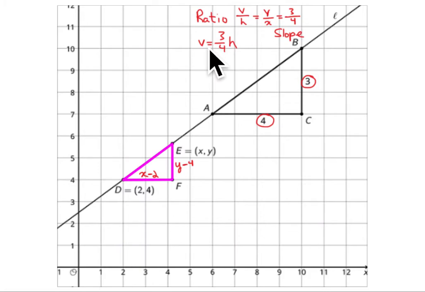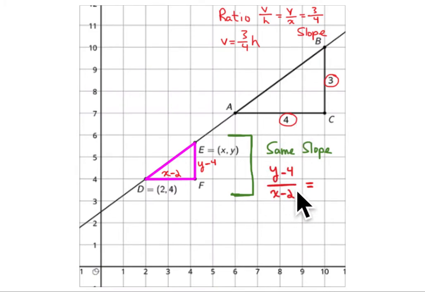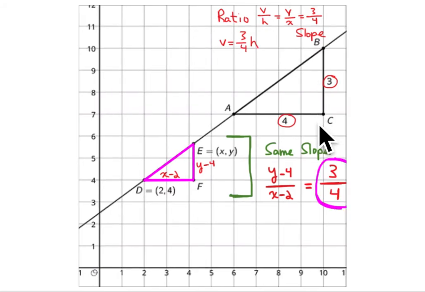So the vertical length is 3/4 the horizontal length. This vertical length is 3 units. That is 3/4 this horizontal length, which is 4 units. So that relationship, y minus 4 to x minus 2, is the same as this relationship, 3 to 4, or 3/4, the vertical length is 3/4 the horizontal length.